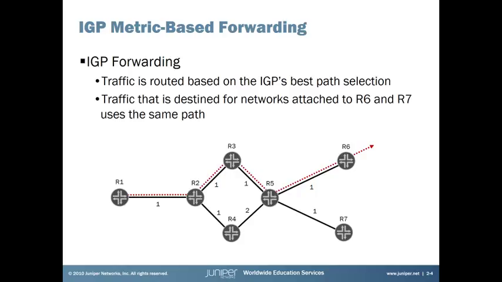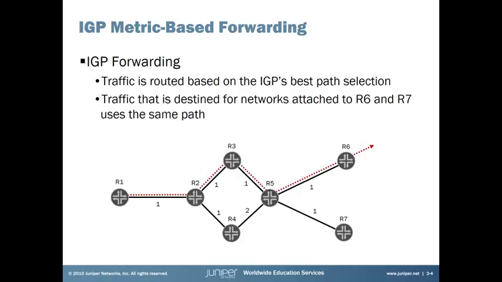Before we get into MPLS, let's take a look at how traffic is processed by an IGP. It is routed based on the IGP's best path selection. So traffic that is destined for networks attached to router R6 and R7 uses the same path.